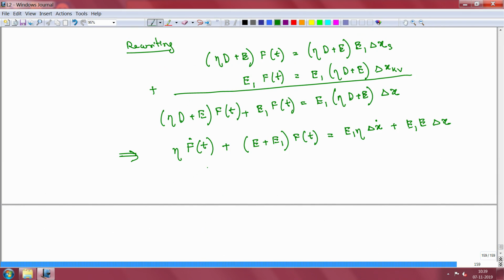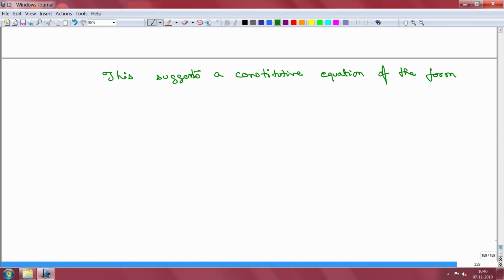This suggests a constitutive equation of the form, right, and this is the answer I was looking for.